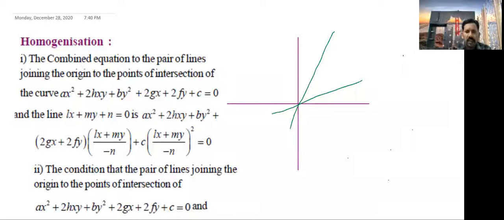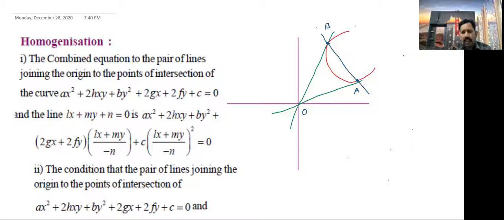Now the curve is like this. The curve, we can say, is either a circle or an ellipse or a hyperbola, whatever it may be. Now draw the line. This is the point of intersection of the line and the curve. So this is O, this is A, this is B.